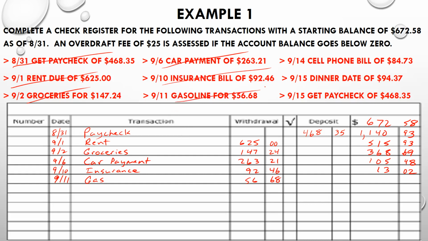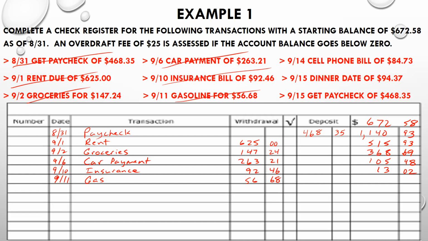All right. So sometimes banks catch this right away, and they will just decline your card. Right? If they know that, hey, you only have $13 in your account, you can't go and spend $56. They will just decline it. Now, sometimes the bank might think you have more money in the account than you really do. So, for instance, maybe the bank doesn't know about that insurance payment yet. So maybe they think you have an extra $92.46 than you really have.